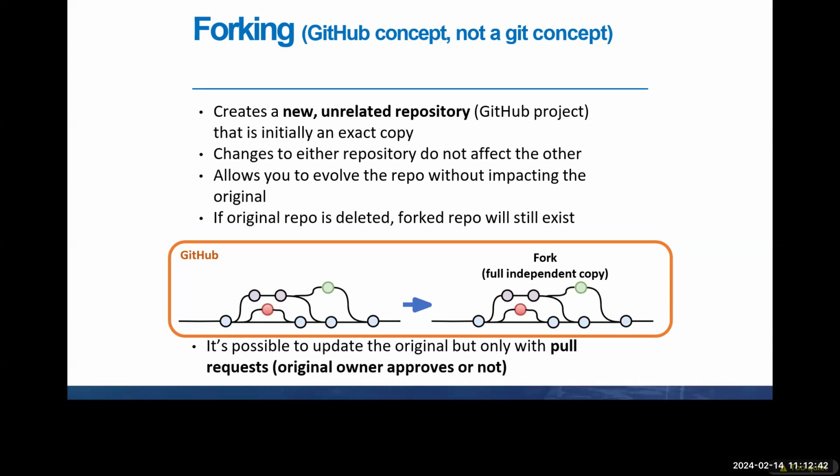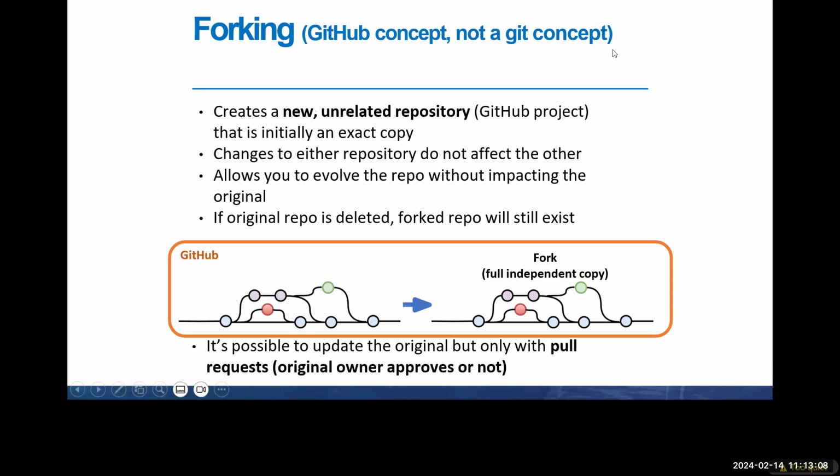As it is, the fork that you use to eat pasta or whatever, it's the same idea. That's what we are creating. If the original repository is deleted, the forked repository will still exist.